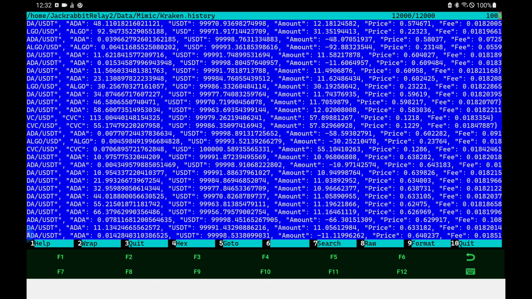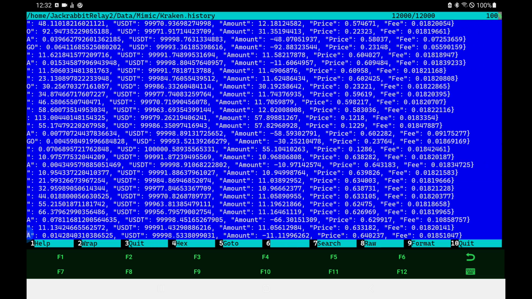That is, I'm removing 11.11 ADA. The price that I received from the exchange, and then the fee that I paid.